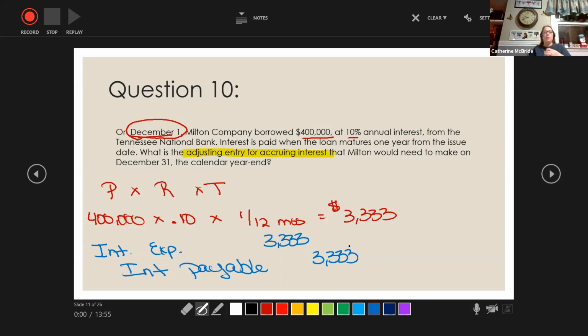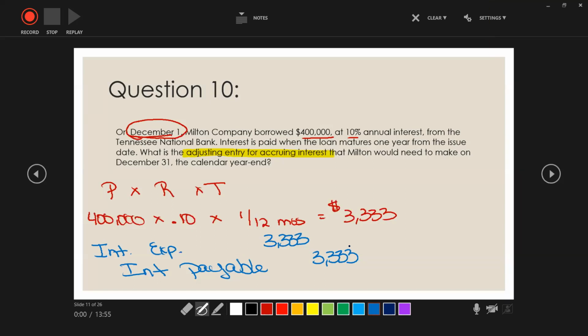Are you good here with interest? So for the months, if it's less than a year, you'll put it under 12. Or if it's like 2 years, but you're not using the whole 2 years, it'll be under 24. If it was 2 years, it's still 10% a year, so you'd have to do 400,000 times 0.10 times 2, because it's 2 years.